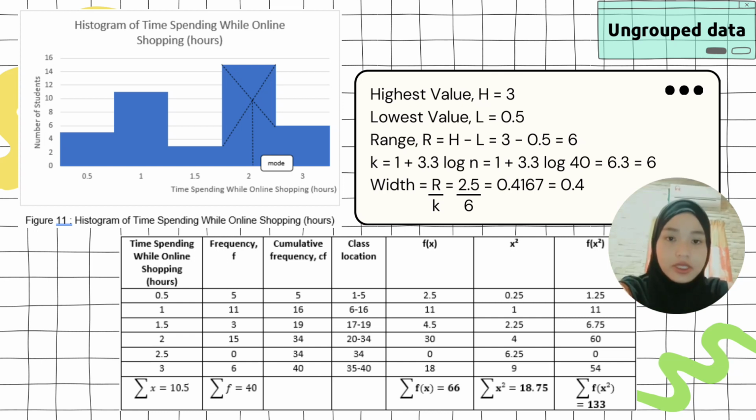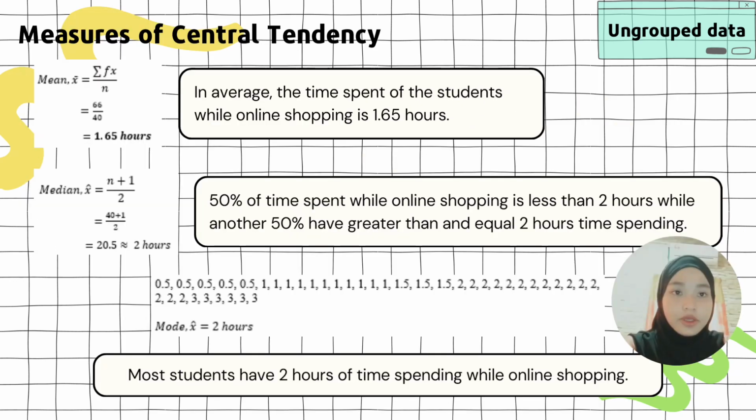So, here is the table of time spending while online shopping. There are columns for x, frequency, fx, x squared, and fx squared. Here are the measures of central tendency, which are mean, median, and mode.